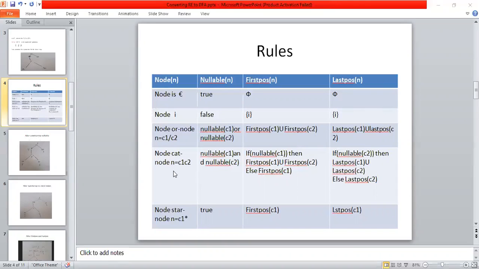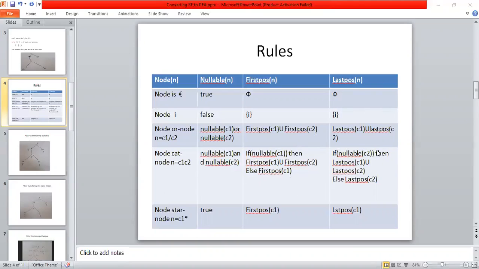And if the node is a cat node, remember the rule carefully. If nullable of C1, meaning the left child, is nullable, then first position of C1 union first position of C2. Otherwise, directly write first position of C1.